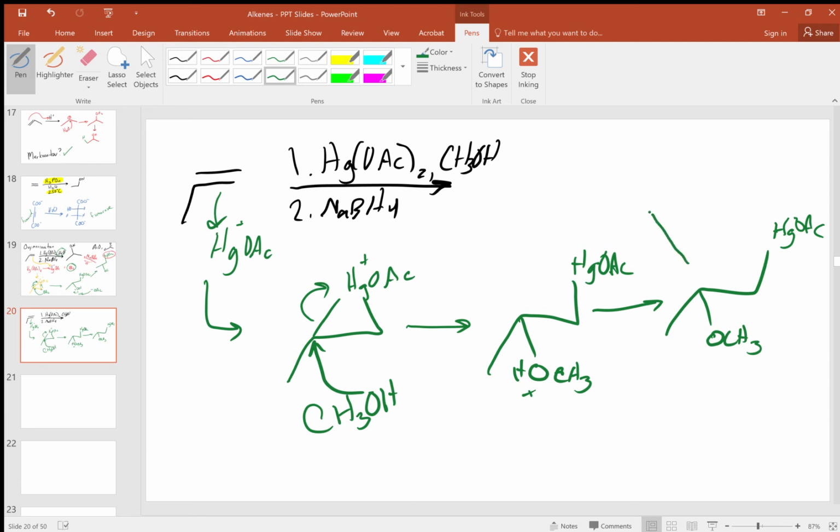Finally, just like before, we add sodium borohydride to swap out the mercury group for a hydrogen. So by replacing the water in this reaction with an alcohol, instead of making an alcohol as the product, we've made an ether.